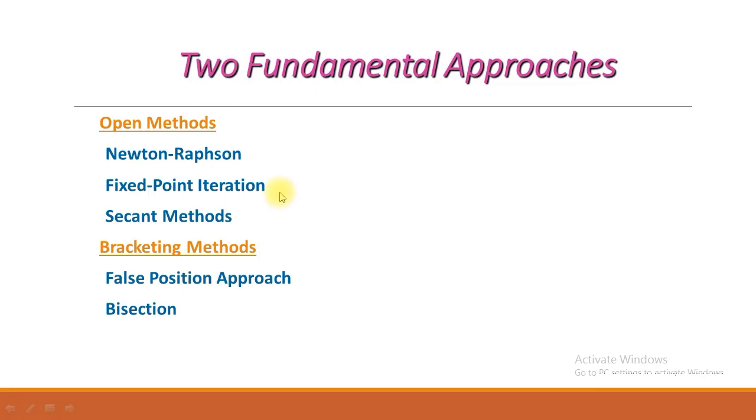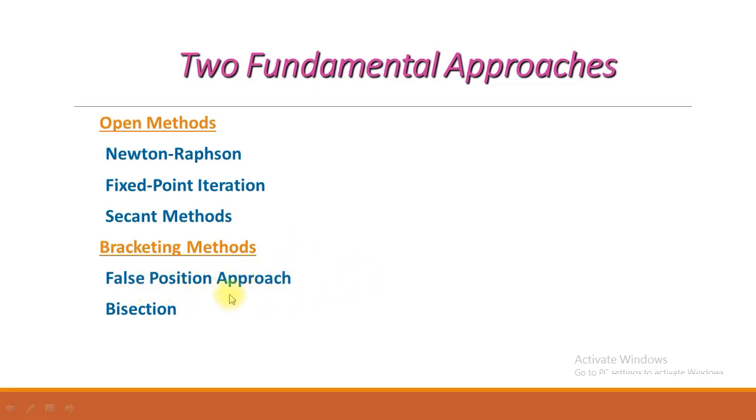Today we are going to solve some problems for the practice of these methods like Newton-Raphson method, fixed point iteration method, secant method, and inshallah in the next lecture we will discuss the bisection method and some examples for the practice of methods like false position method.